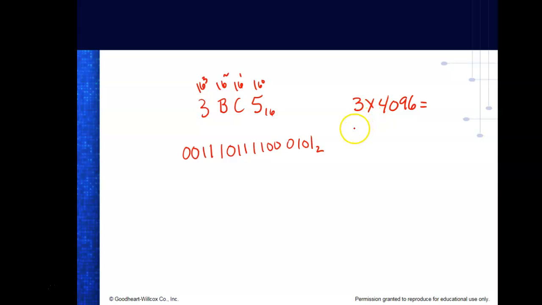Then I'd say B. What's B equal to in decimal? 11 times 16 squared. What's 16 squared? 256. Then 12 times 16. Then 5 times 1. And when I've got all these digits, I'd add them together.